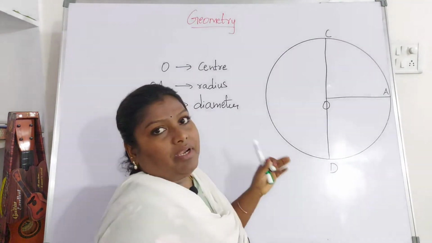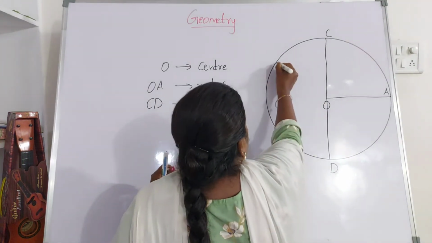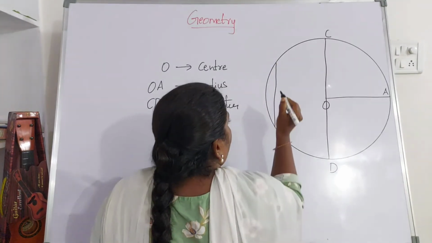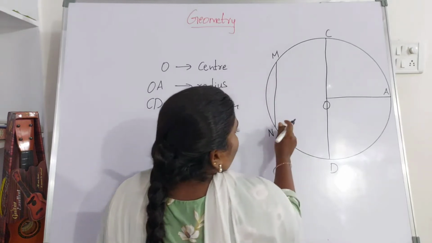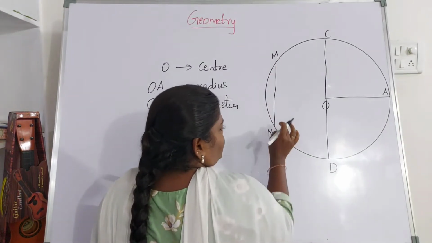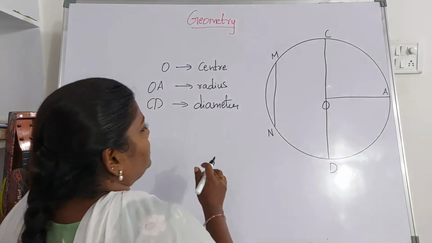A line segment touching the circle at two different points without touching the center point. A line segment touching the circle at two different points, M and N, without touching the center is called chord.